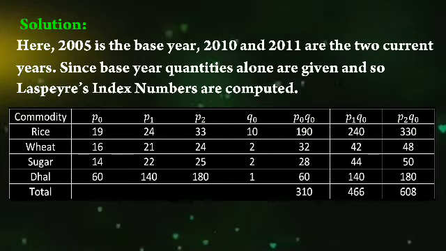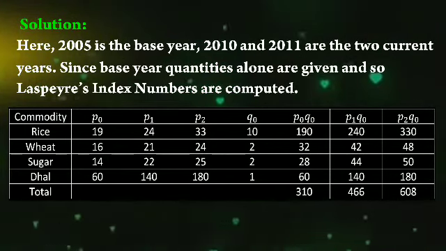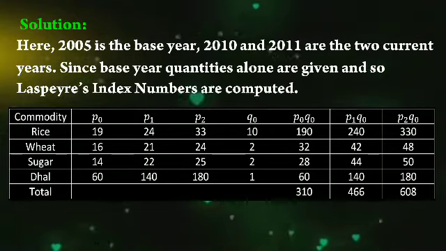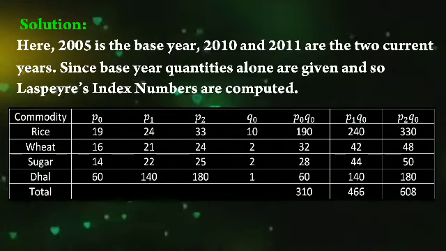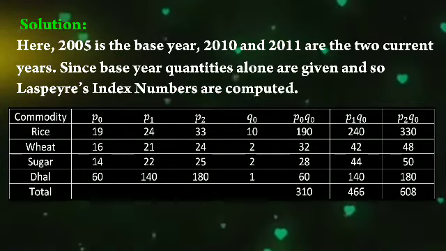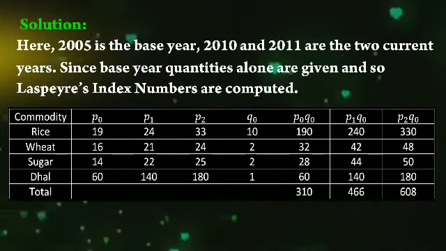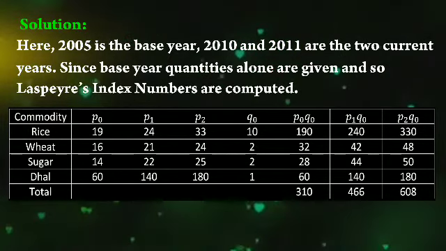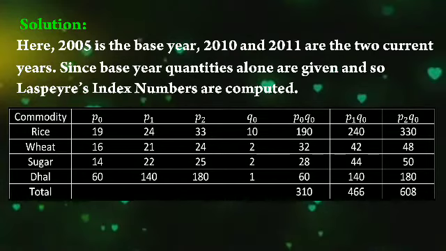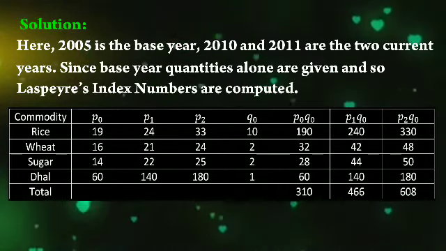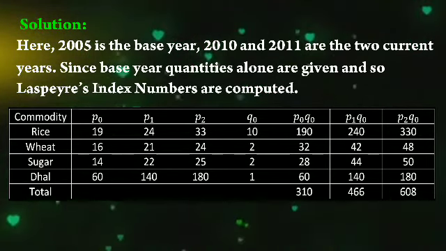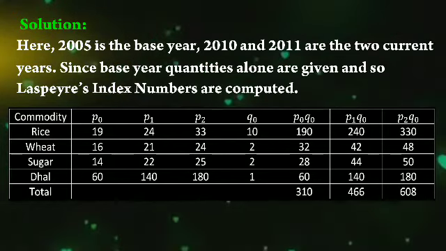In order to find that, include 2 more columns. One is P naught Q naught, the other is the product P1 Q naught. For the second index number, you should find one more product, that is P2 multiplied by Q naught. So always the price values have to be multiplied with the respective quantity values.